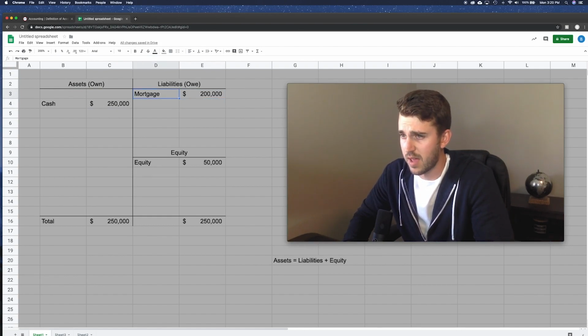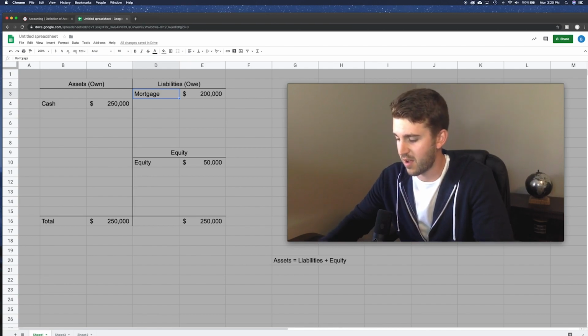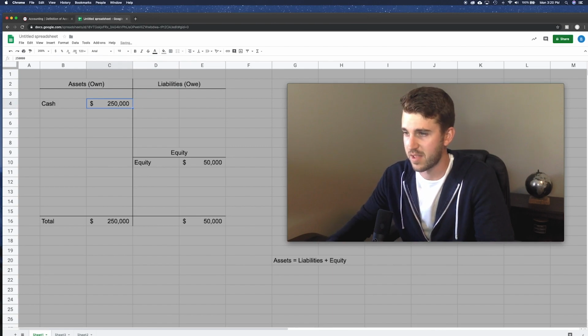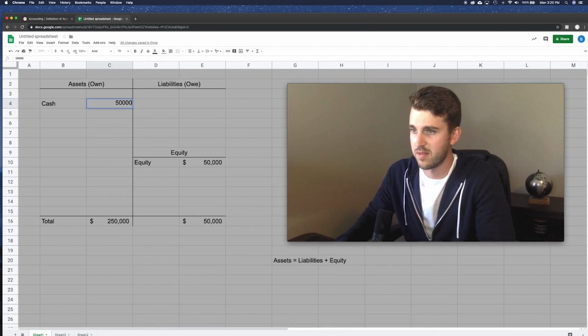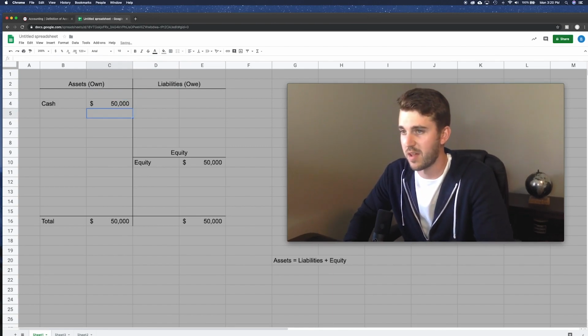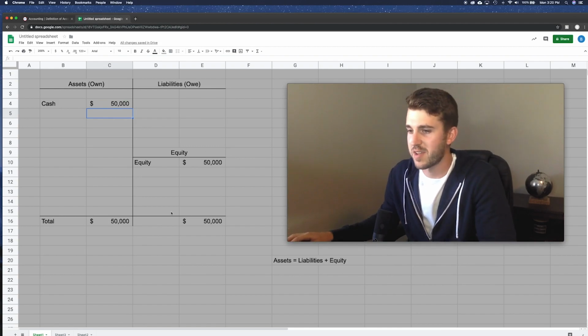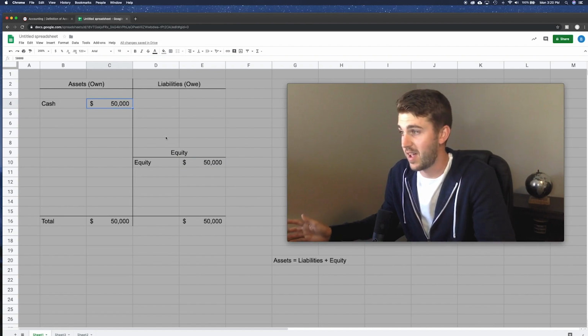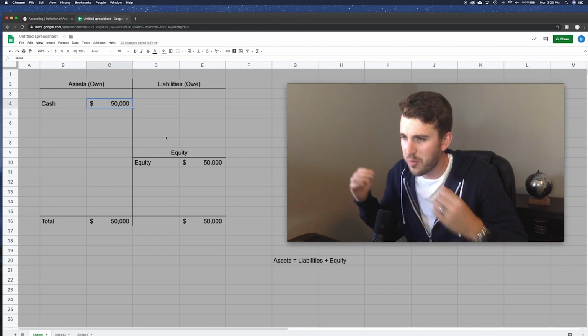And that leaves what left over after we pay that off. So this is going to be gone, but our cash goes down to $50,000 because we had to pay off that loan. So I hope that makes sense. To see how it balanced now, you still have that equity because you have $50,000 cash, only now it's cash. I hope that makes sense, guys.